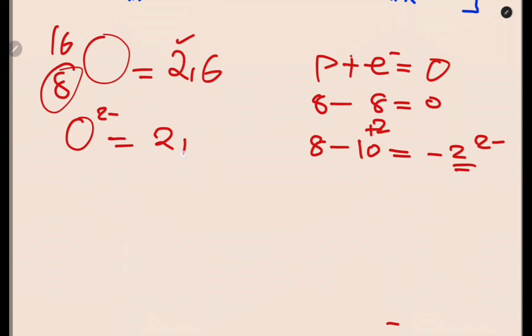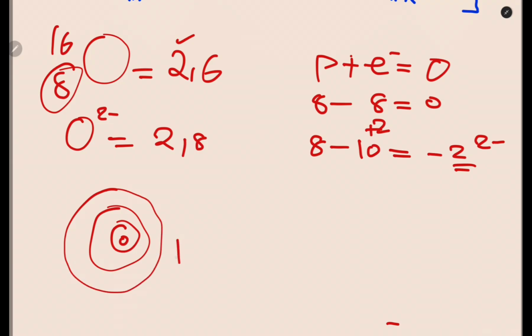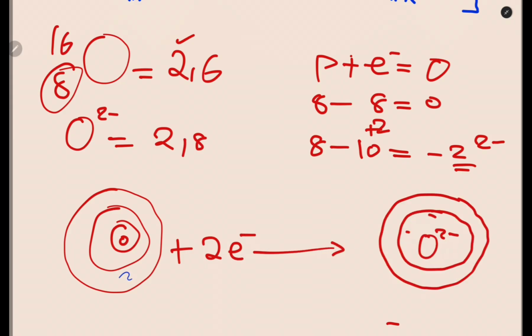So the configuration is 2, 8. Then we have the normal oxygen with how many shells? Just 2 shells, plus 2 electrons, resulting in 2 in the first shell and 8 in the second.